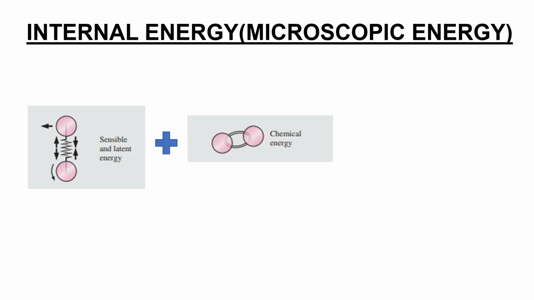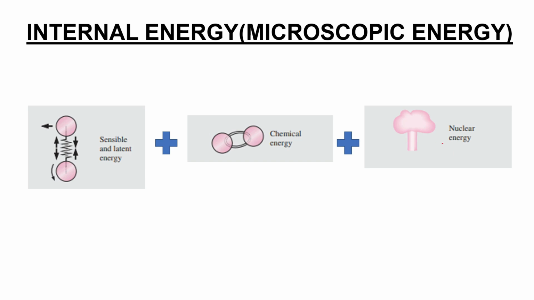Then you have the chemical energy. During a chemical reaction, energy can be liberated or absorbed, so it has a chemical energy. And then you have the nuclear energy. These are the three different types of energy.